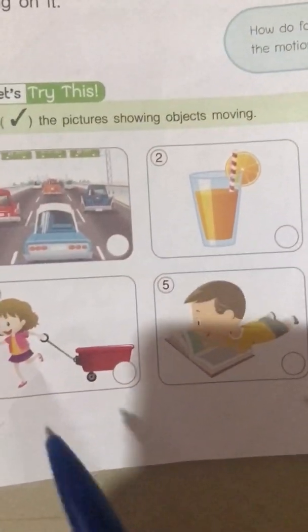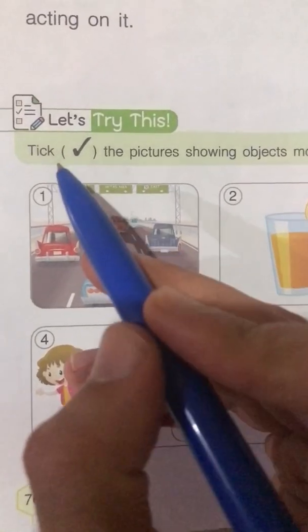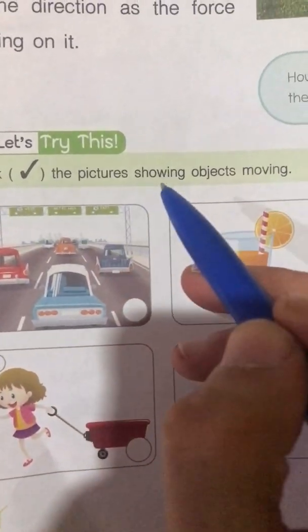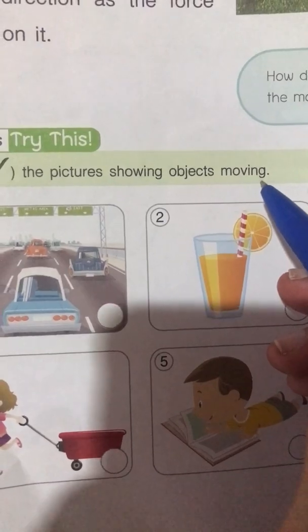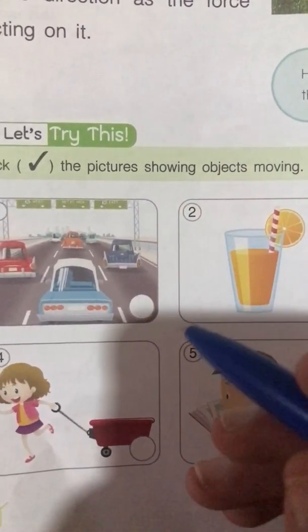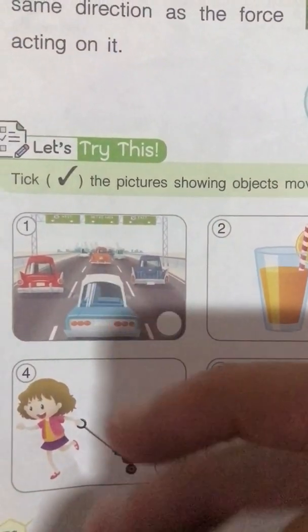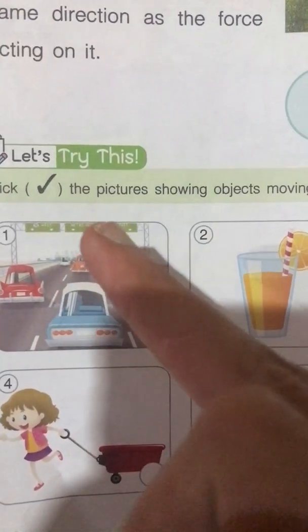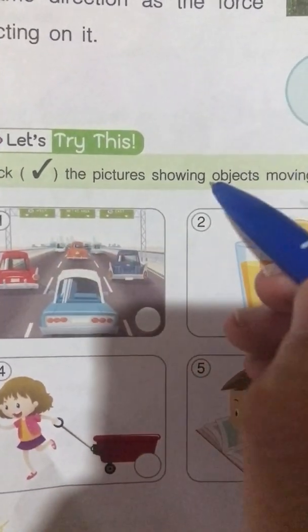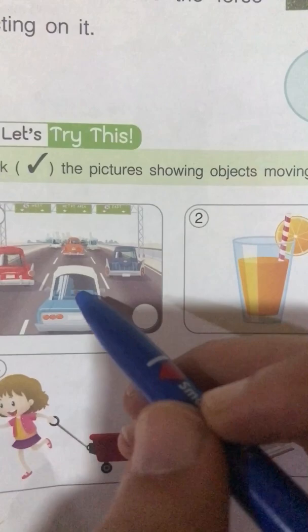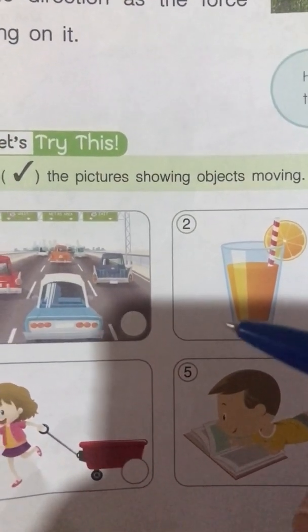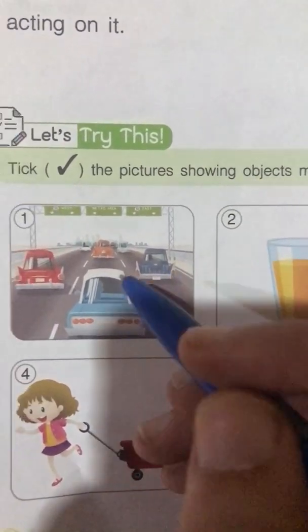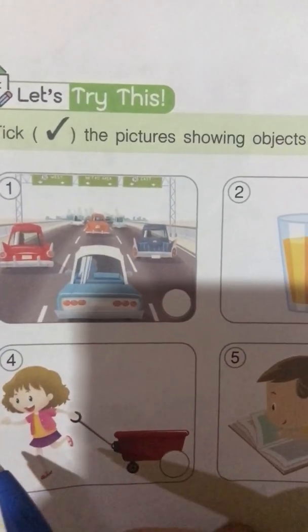Okay, very good. Look here. Tick the pictures showing objects moving. In this part we need to check in which pictures objects are moving and in which pictures objects are not moving. For example, picture number 1.